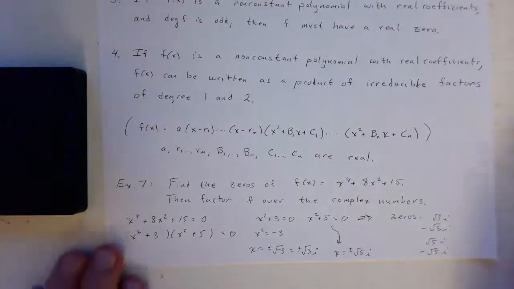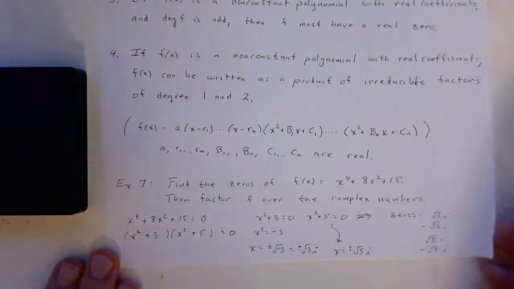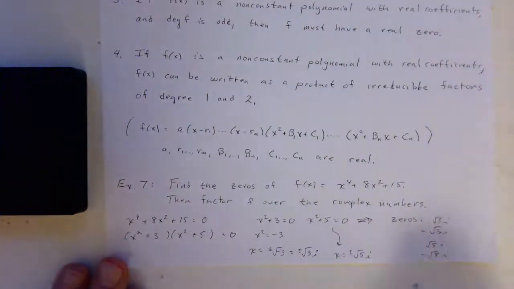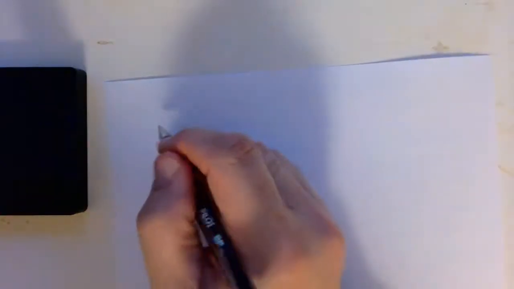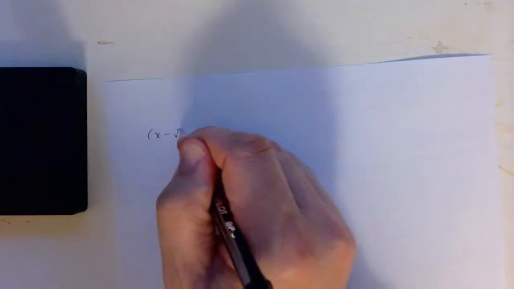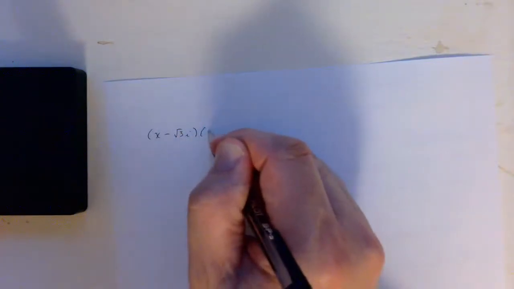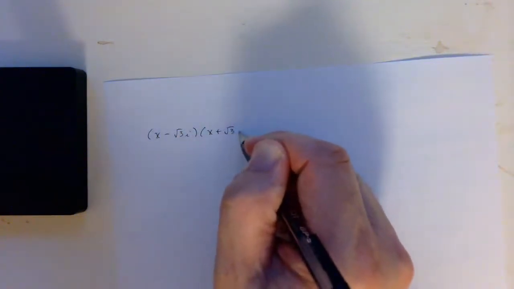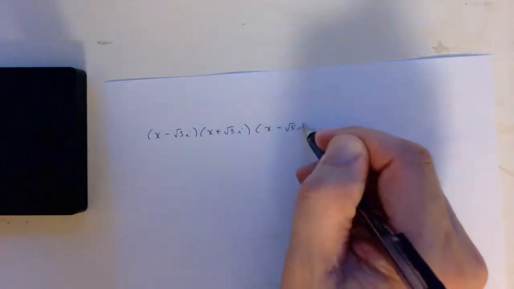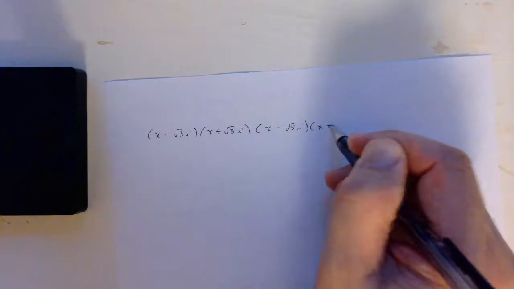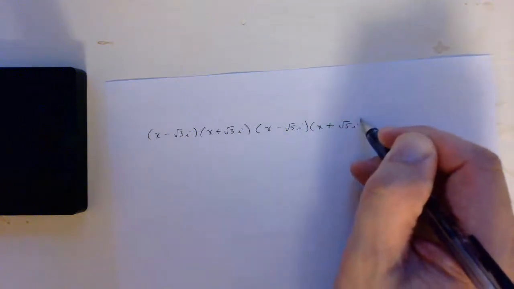And then if we wanted to factor over the complex numbers, it's just going to be x minus this number, times x minus this number, times x minus this number, times x minus this number. So what this will look like is x minus square root 3i, x plus square root 3i, x minus square root 5i, x plus square root 5i.